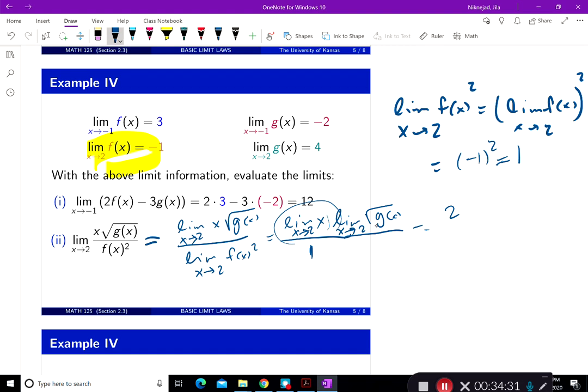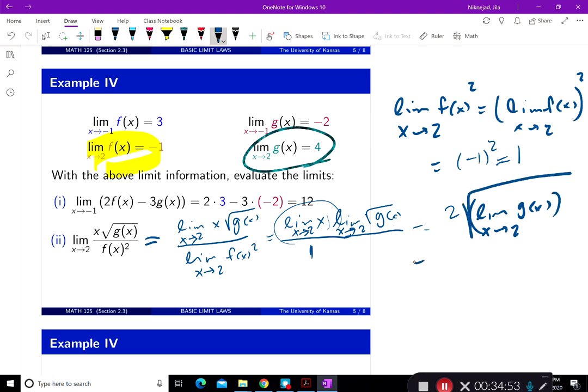So let's see, the limit of g of x as x approaches 2 is equal to 4, therefore we're safe. So I'm going to use the limit as x approaches 2 of g of x under the square root. And now I write 2 times the square root of 4, which is 4.